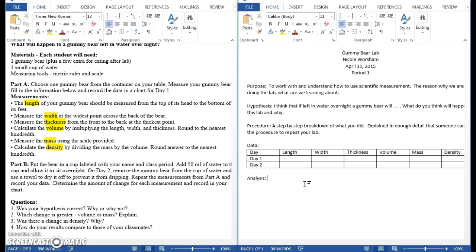So I'm going to write that here. Objective means you don't have any opinions or anything like that. You're just telling it like it is. What took place during the lab? What did you observe?